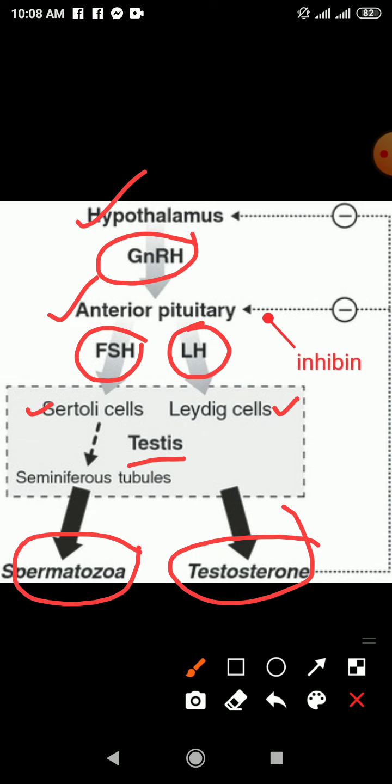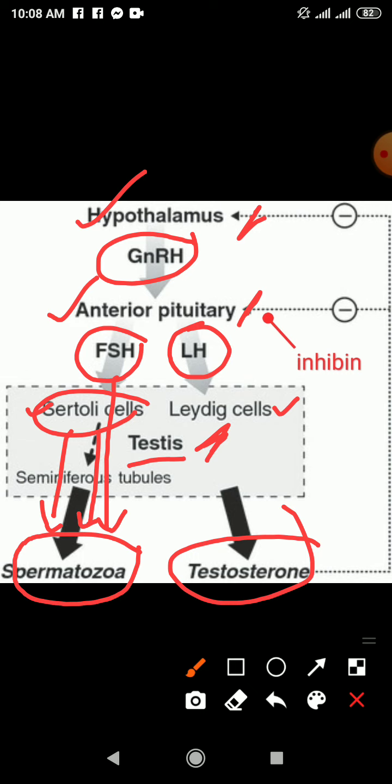So this is known as the hypothalamo pituitary gonadal axis. When the FSH stimulates the Sertoli cells and they produce a sufficient amount of spermatozoa, these Sertoli cells then release a hormone known as inhibin.